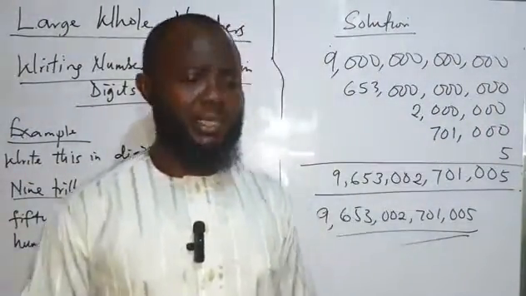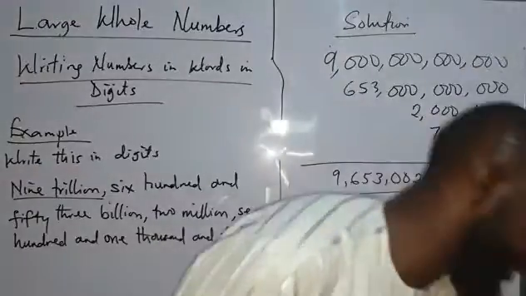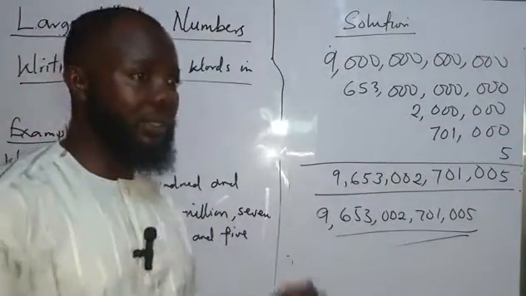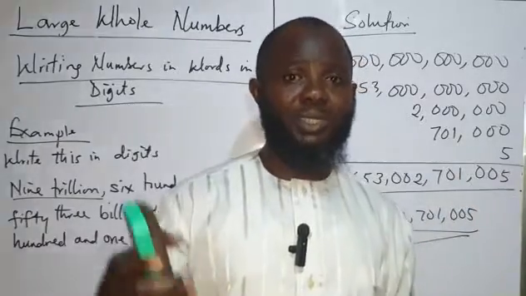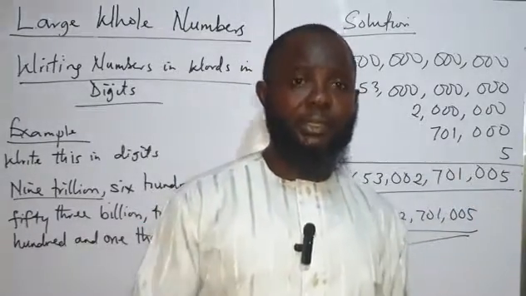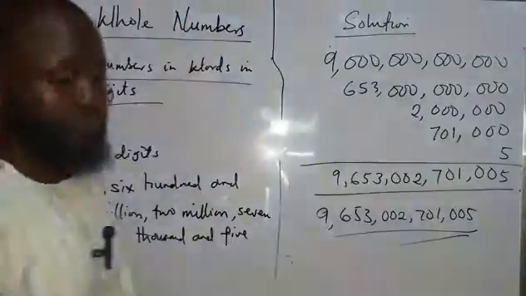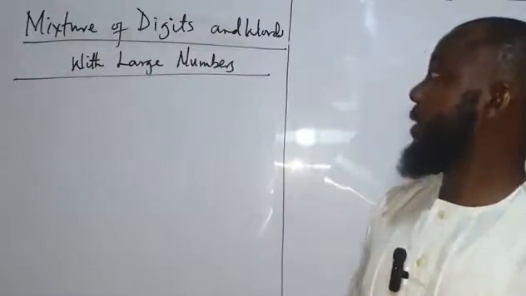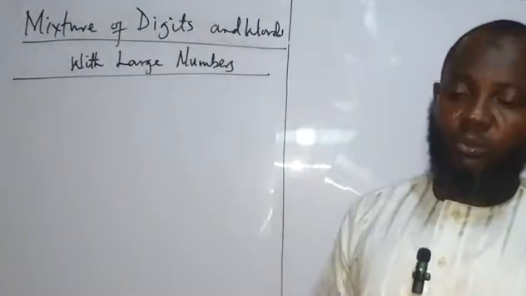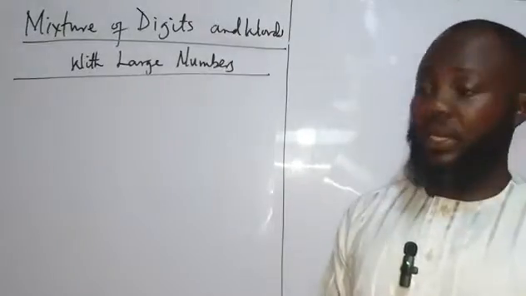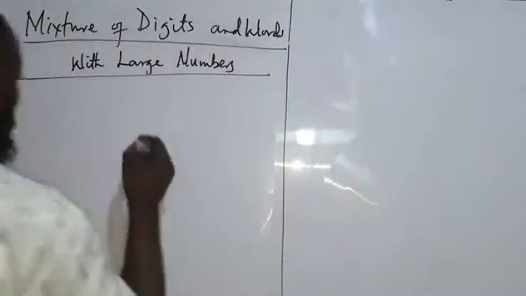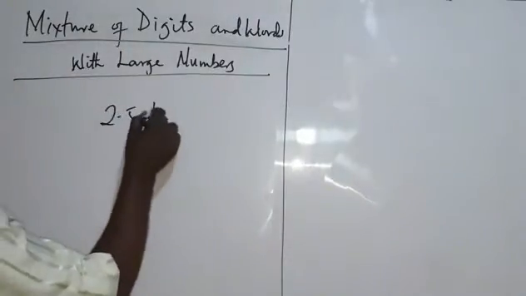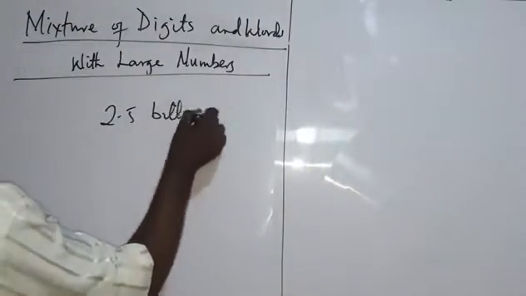Now, if that is the case, the last part is writing a mixture of words and what? Digits. So that's what we're going to look at now: a mixture of digits and words with large numbers. What does that mean? You might have come across this kind of thing, 2.5 billion to 4.5.